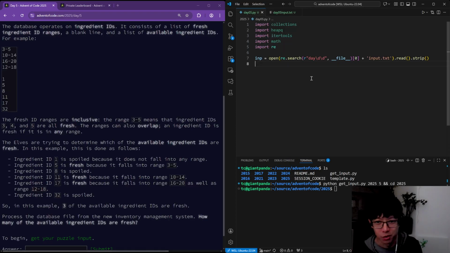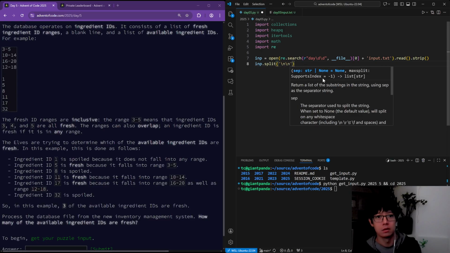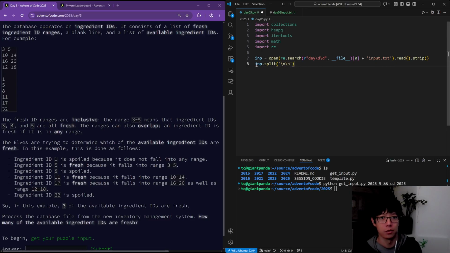But let's assume we don't need to do that, and let's just handle this first. Double new line, right? And then you get the ranges, and you get the IDs.